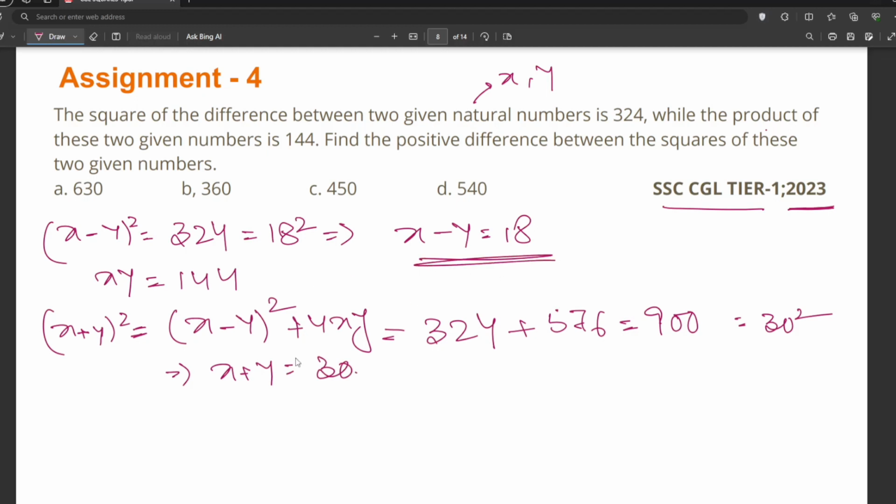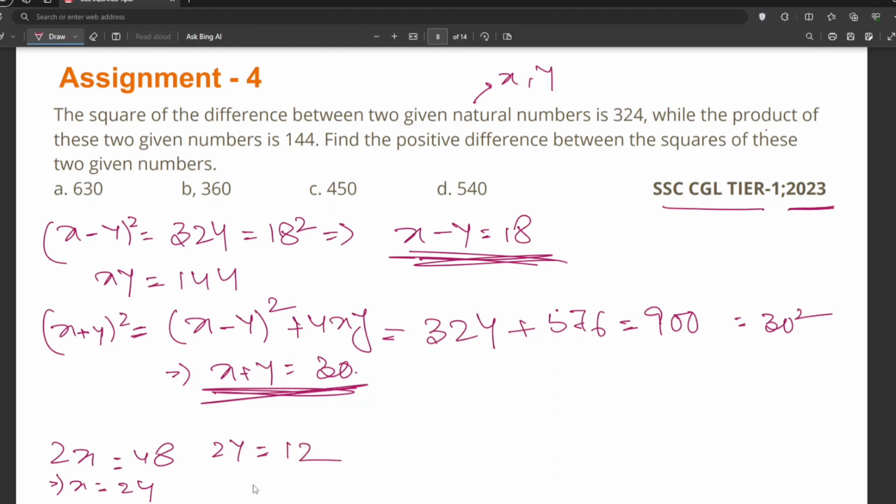If we add these two equations, we'll get 2x equals 48, that means x equals 24, and if we subtract these two equations, we'll get 2y equals 12, that means y equals 6.